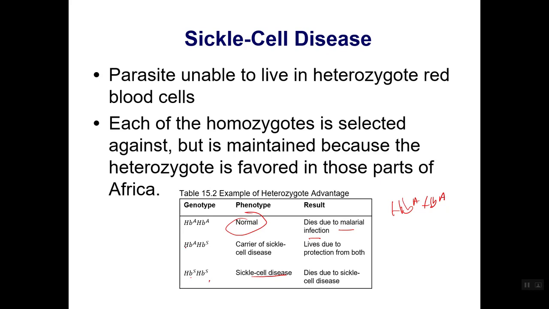But the genotype that has one of each of those alleles, HbA and HbS, is a carrier for sickle cell disease. They're going to live due to protection from the HbS gene, which protects them from getting malaria, and the HbA protects them from getting sickle cell disease.